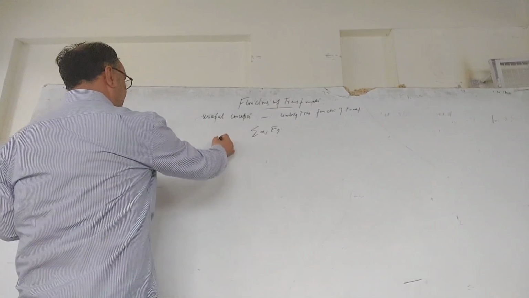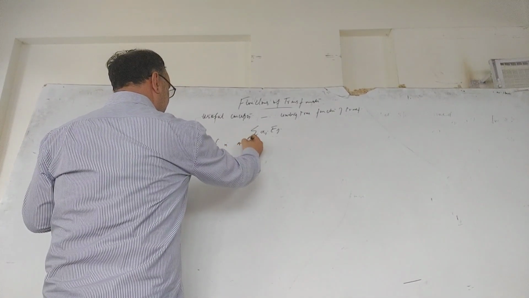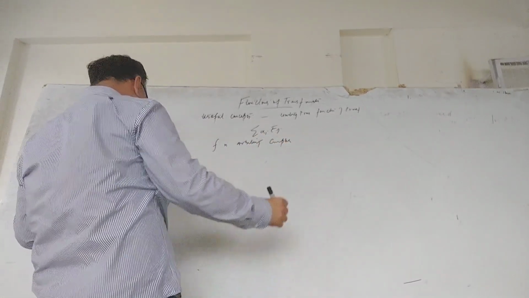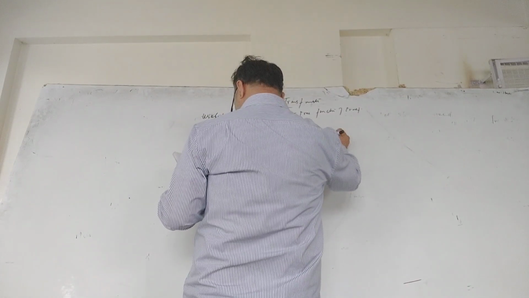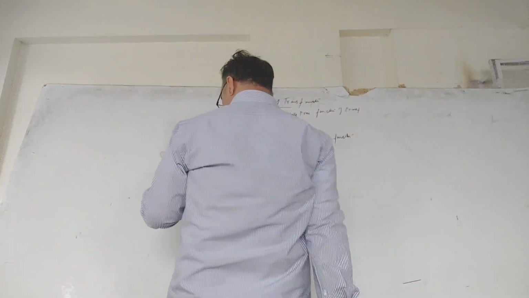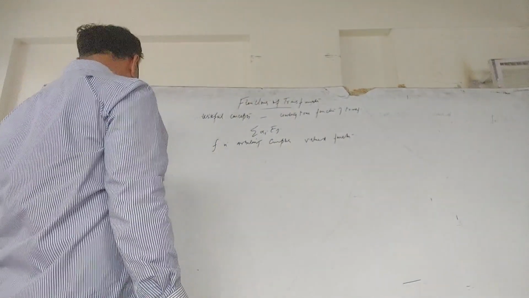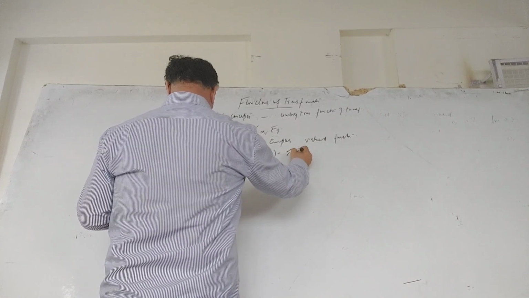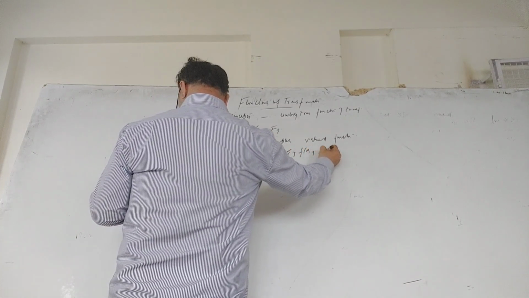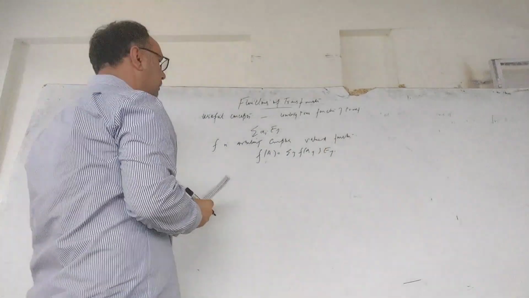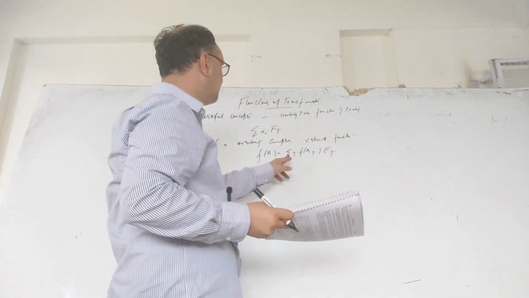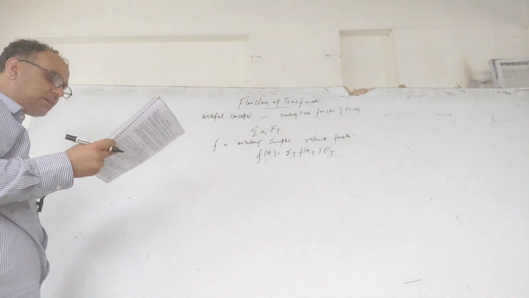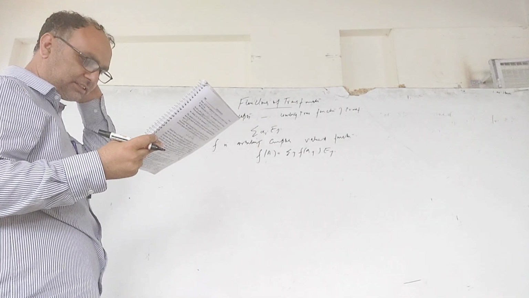So if f is an arbitrary complex valued function defined at least at the points alpha j, then we define a linear transformation f of A as the sum of f of alpha j Ej. So we have polynomials and even rational functions.